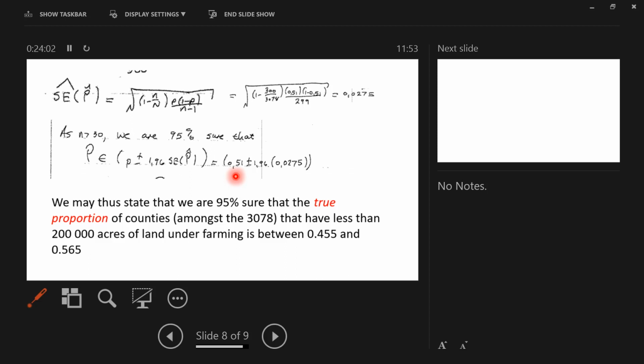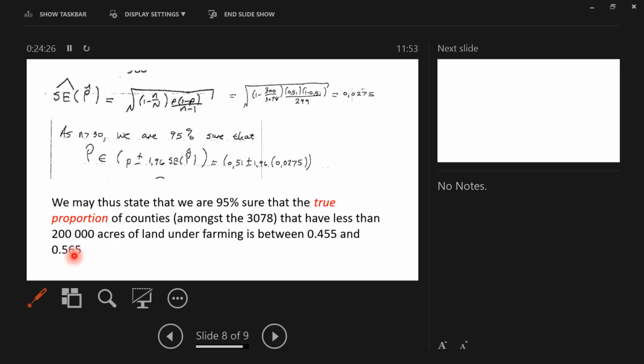Even though I know that's a single sample, I'm 95% sure it could be a little bit lower or a little bit higher, but it's between 0.455 and 0.565. You'll see 0.51 is right in the middle of that. Can you see the idea? And in other words, this was for without replacement. If you use with replacement, the confidence interval would have been wider because the variance is bigger.